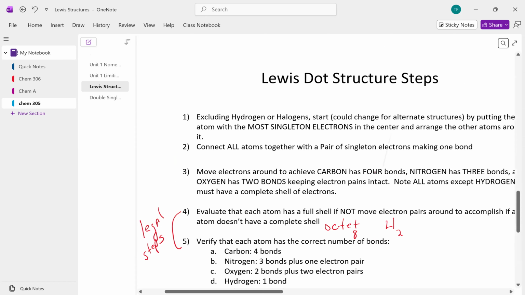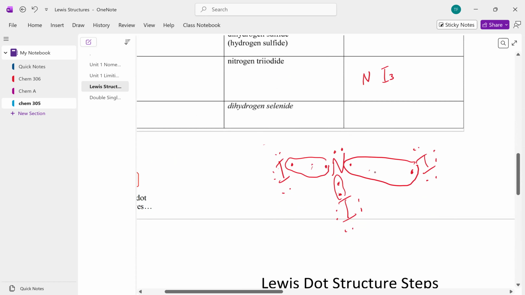And okay, so let's look at this. Now we're counting electrons, including shared electrons. So we have 2, 4, 6, 8 for nitrogen. 2, 4, 6, 8 for each iodine. So this is a legal structure.